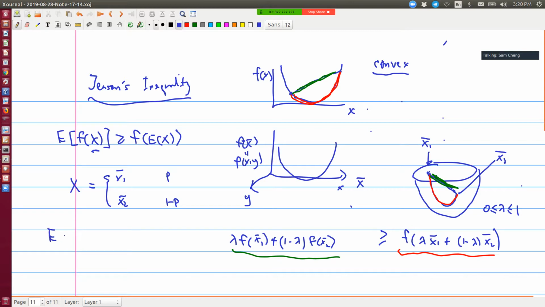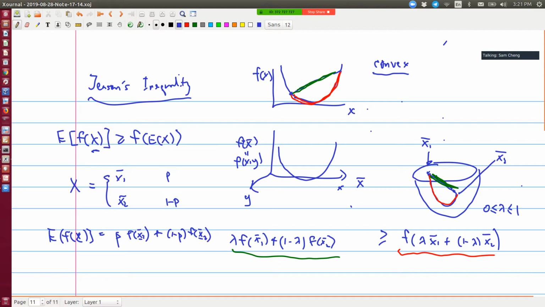The expectation of f(x) will be equal to f(x1) with probability p, plus f(x2) with probability 1 minus p.